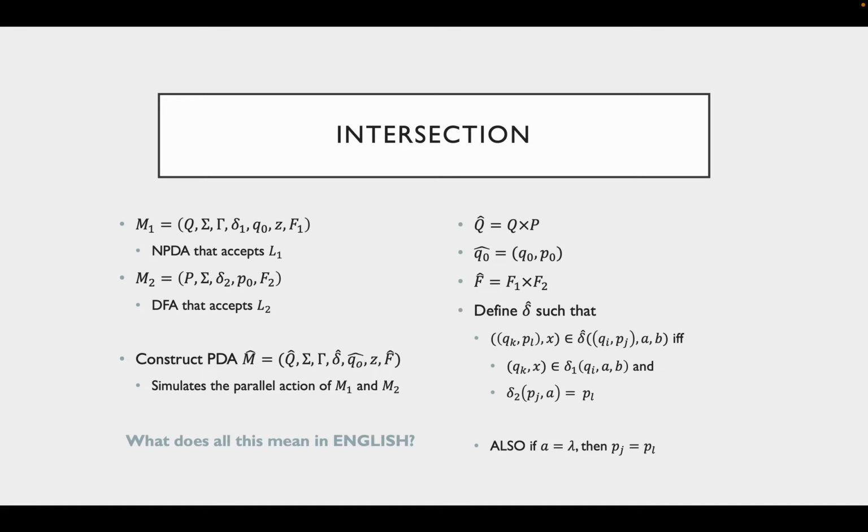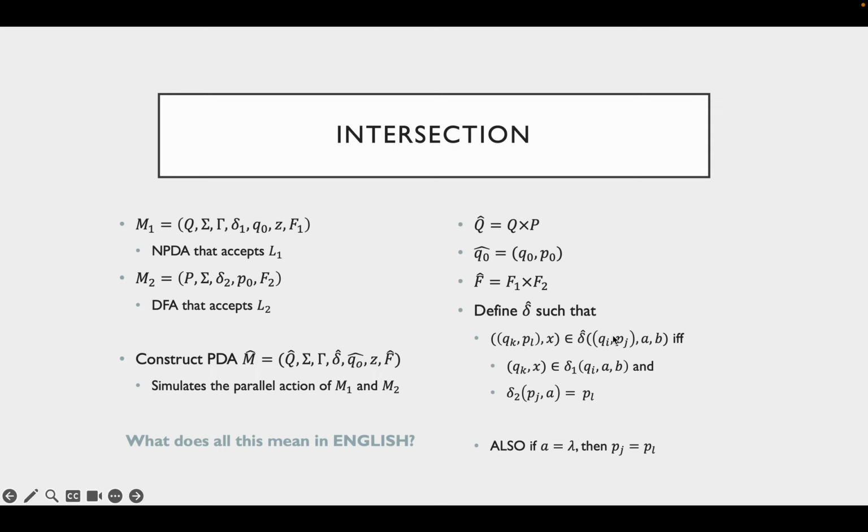So what does this actually mean in English? Let's take a second to think about this. What's really happening here is our states are no longer single variables. They're not single letters. Our states in M1 used to be Q0, Q1, Q2, and so on. Our states in M2 used to be P0, P1, P2, and so on. Now our states are going to be combinations of a state in M1 and a state in M2.